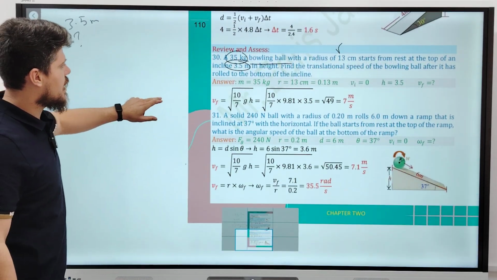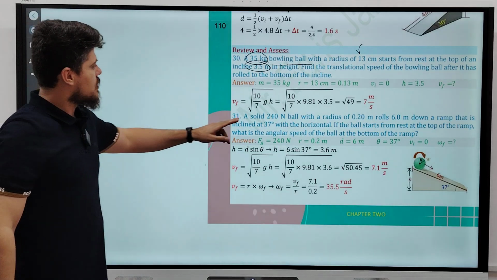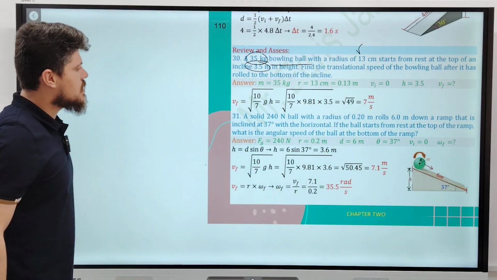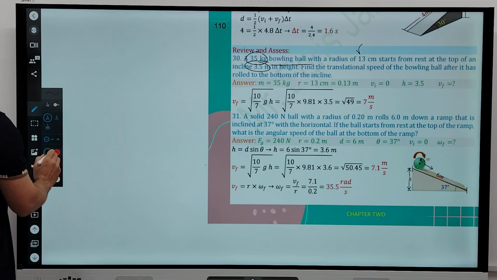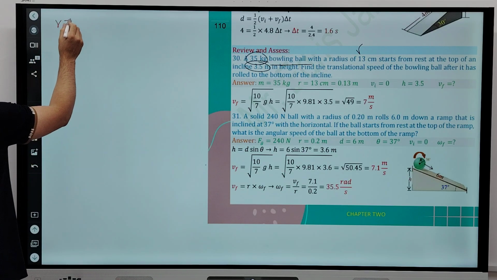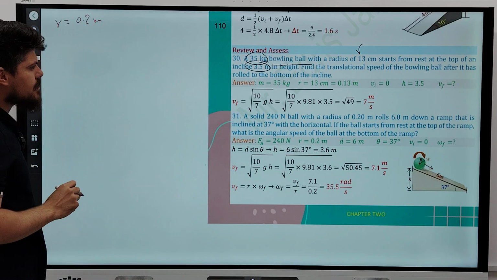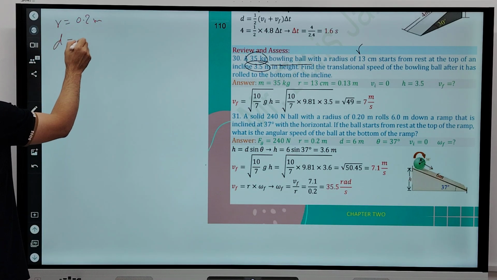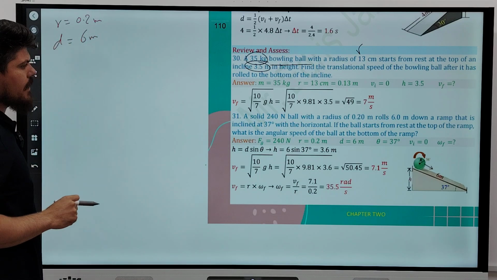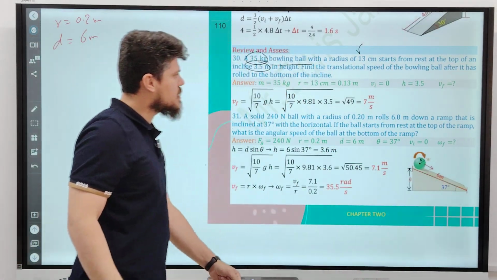Okay. Look at question 31. A solid 214 Newton ball with the radius R was given, 0.2 meter. Okay. Rolls 6 meter down a ramp, D is 6 meter. As you can see in the picture, the distance of the incline is 6 meter.